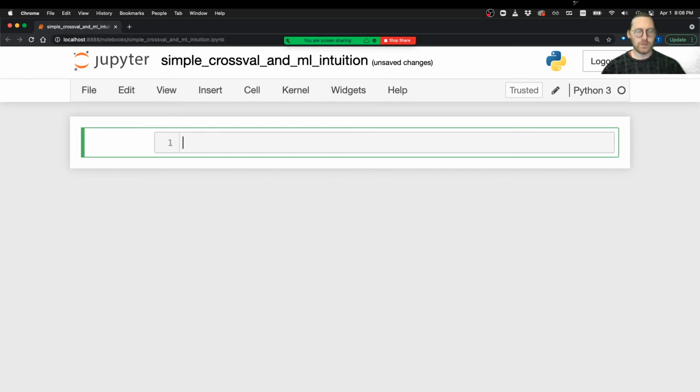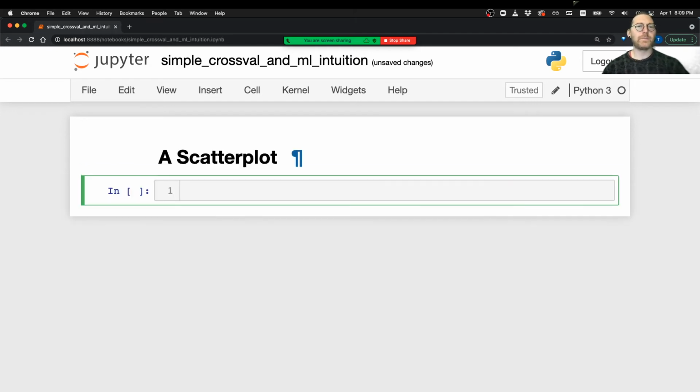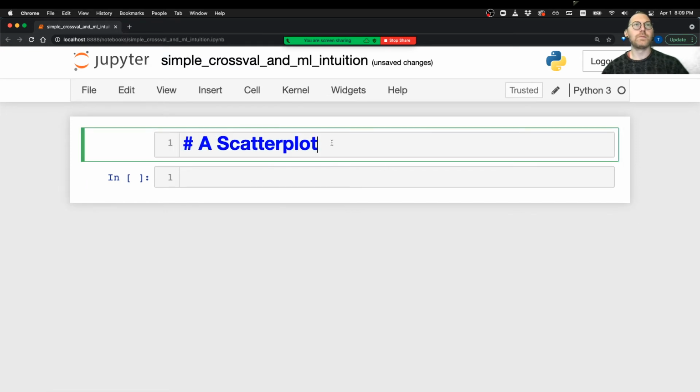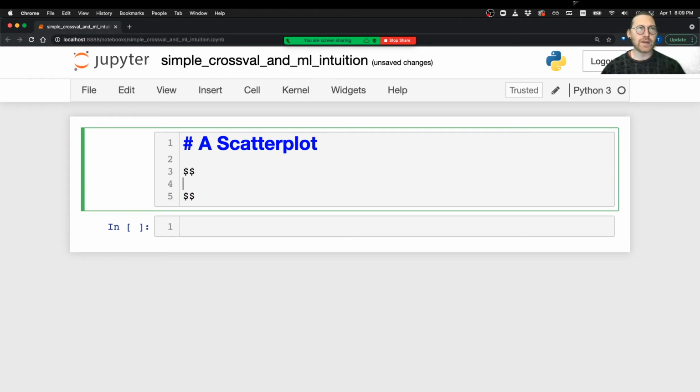So let's say a scatter plot, and the type of function we're thinking about here is, right, f of x is going to equal ax to the fourth, and I'm just going to copy this and change, plus bx to the third plus cx squared plus dx plus c. And I'll explain what I mean by c here in just a second.